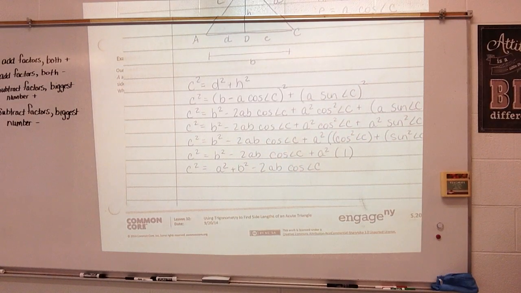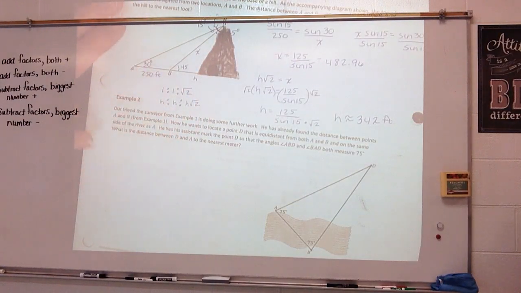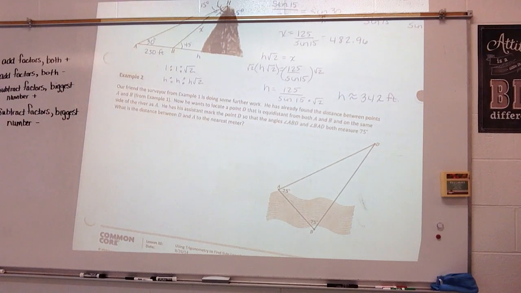Notice that the right-hand side is composed of two side lengths and the cosine of the included angle. This will remain true if the labeling of the triangle is rearranged. So let's look at example number 2. Our friend the surveyor from example 1 is doing some further work. He has already found the distance between points A and B from example 1.